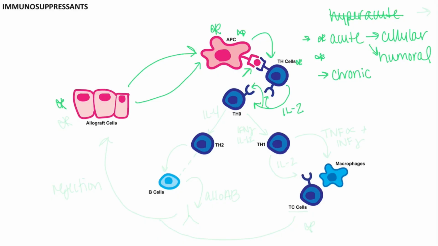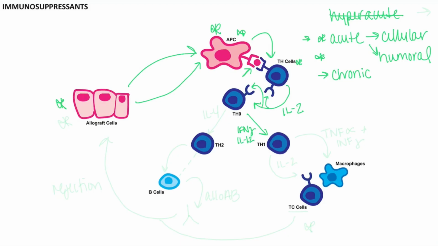So just as we discussed in the inflammatory bowel disease video in block 3, these TH0 cells will further differentiate based upon their cytokine environment. So for instance, TH0 cells will differentiate into TH1 cells via things like interferon gamma and interleukin 12.